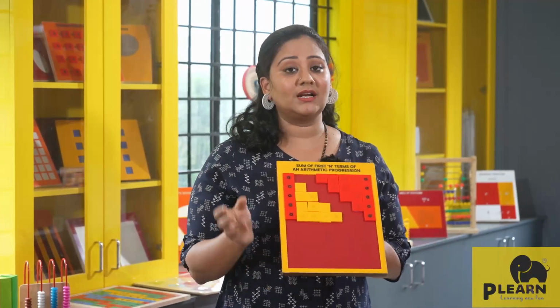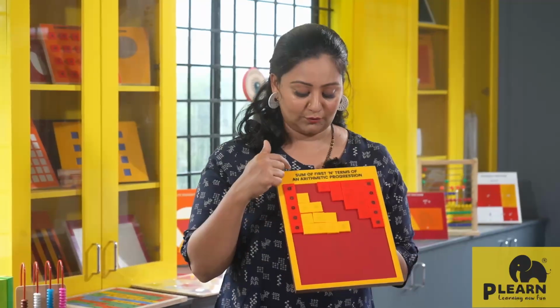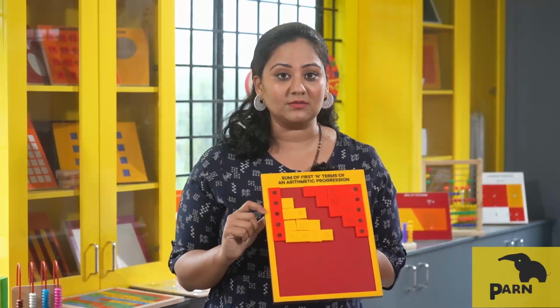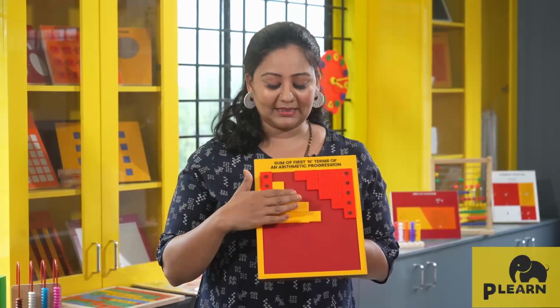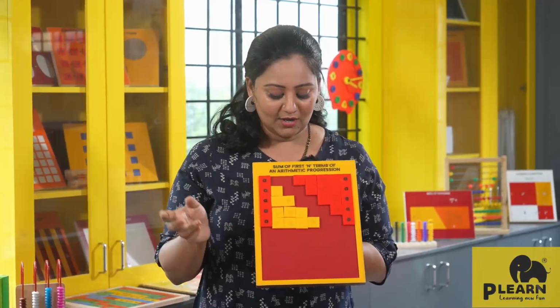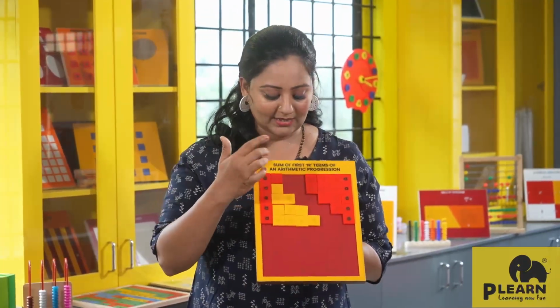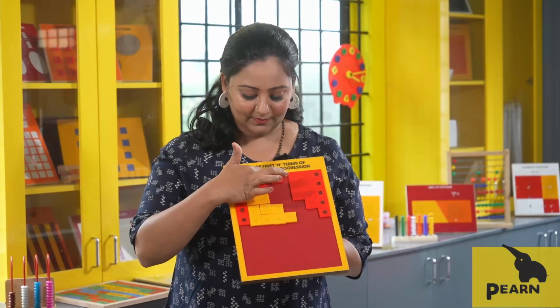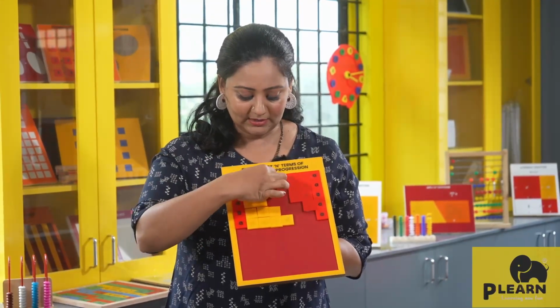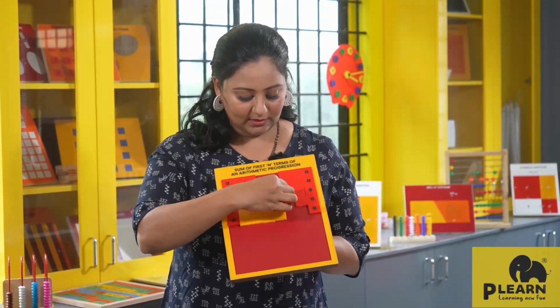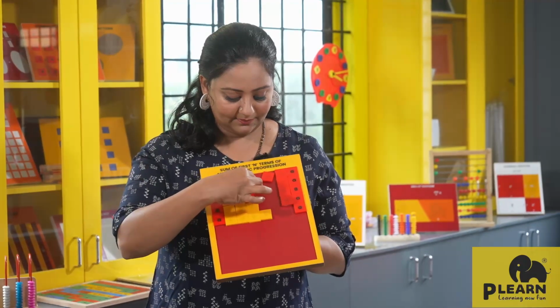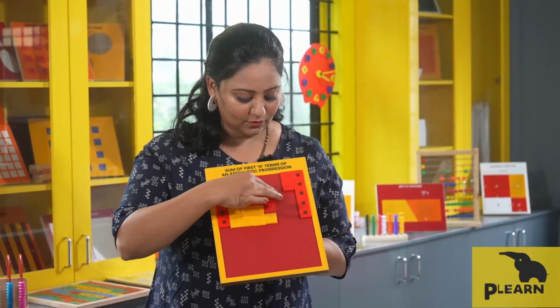Now let's understand how we derive the formula to find the sum of the first n terms. For this I am going to make this into a rectangle. Okay, so let's add some magnetic points here like this. I'm adding 1 here to complete this. I'm adding 2. Here I'm adding 3. Here I'm adding 4.